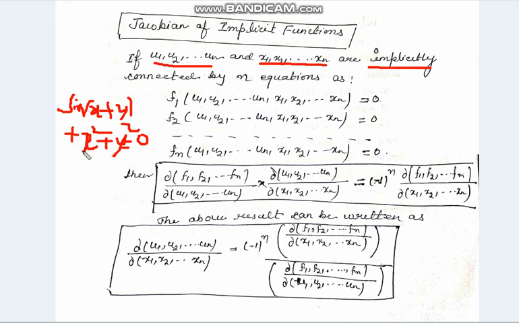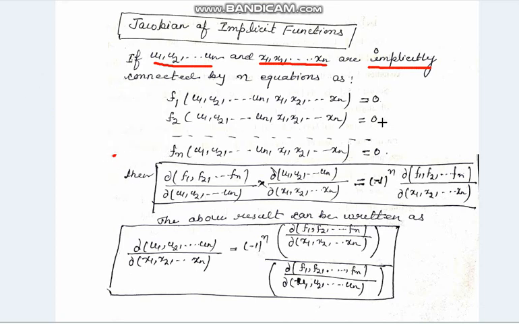So these types of equations are called implicit equations because we cannot write x in terms of other variables, or similarly the other variable in terms of the first variable.